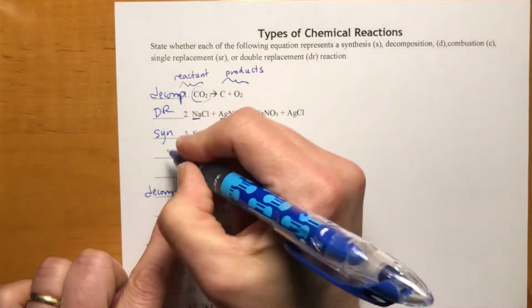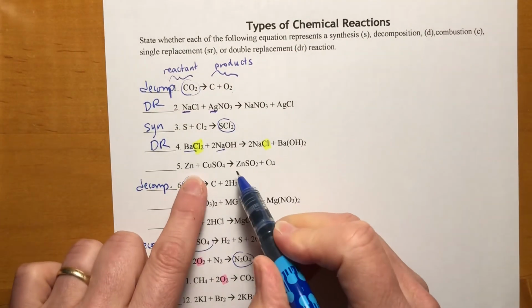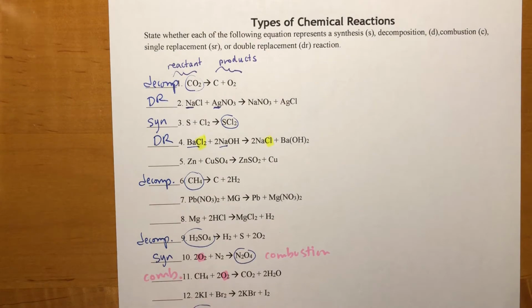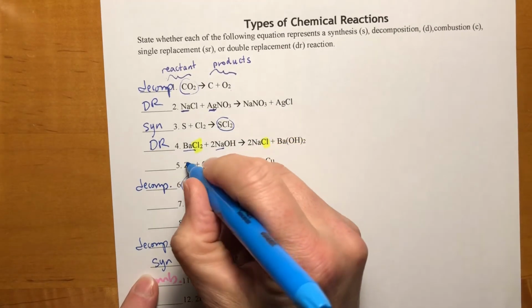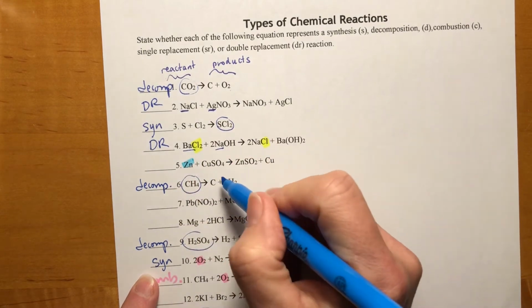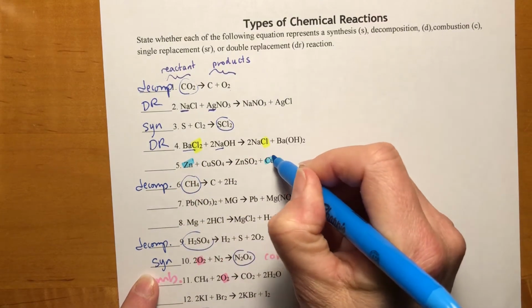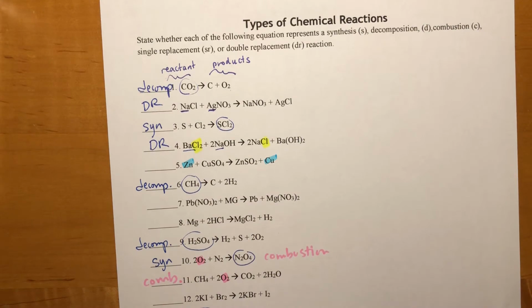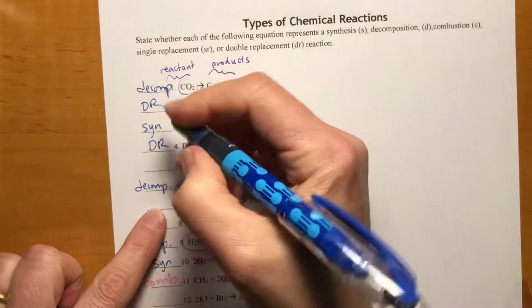So that's a double replacement. This one's a single replacement because you can see that zinc is all by itself, but it comes and it kicks the copper out, and now the copper's all by itself. So that's a single replacement.